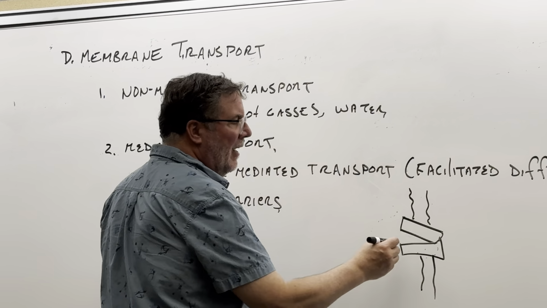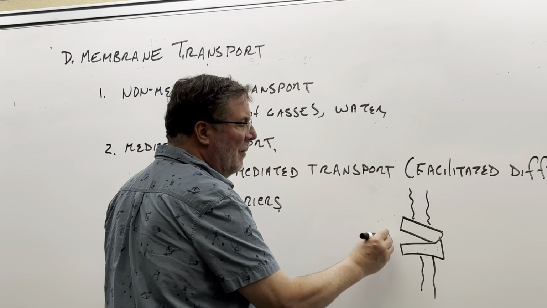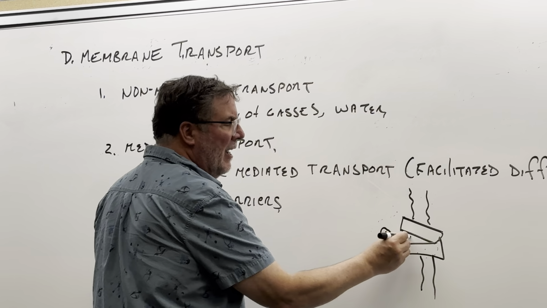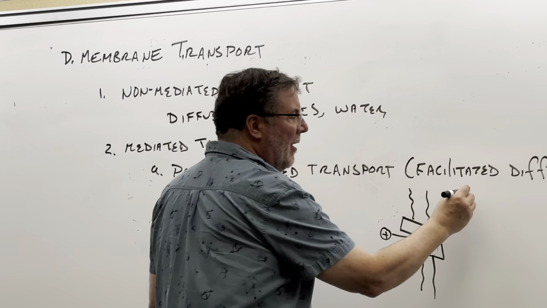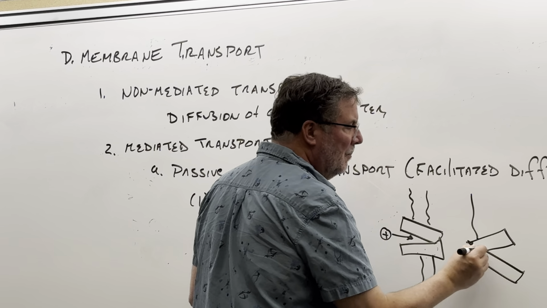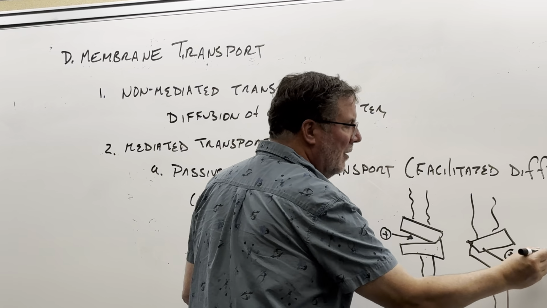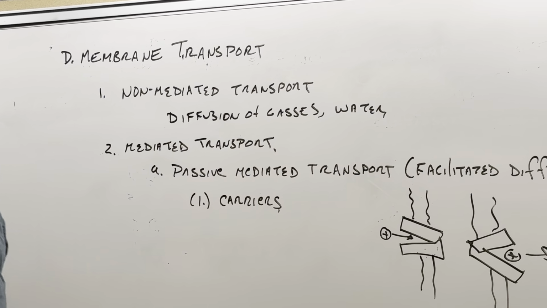Maybe you have some sort of molecule, maybe some ion. I'll just put something with a positive charge. It's going to come in here. Maybe that'll induce a conformational change, and it can go out. And as long as there's a concentration gradient there already, then you're basically just enabling it to sneak past.